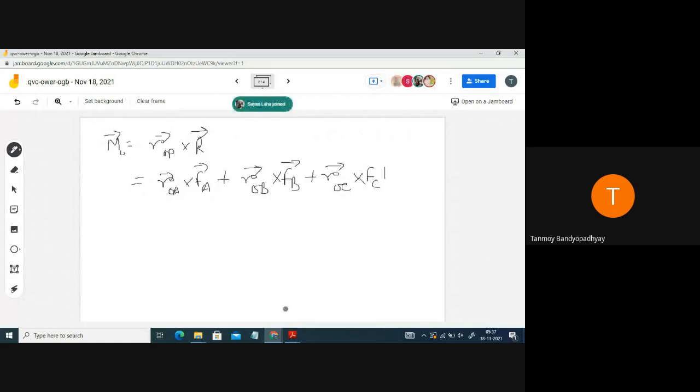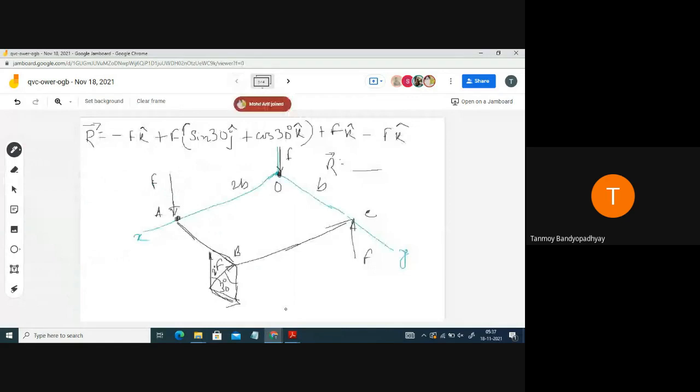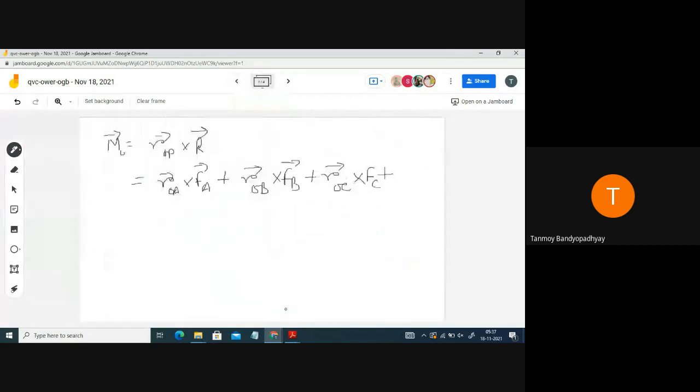At the point O you will be having 0, so this force will not be having any moment because the position vector is 0 itself. Okay? So this will be 0. Right? Yes, sir. So you will do this at your homes.